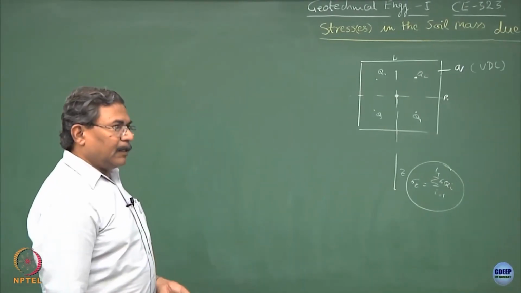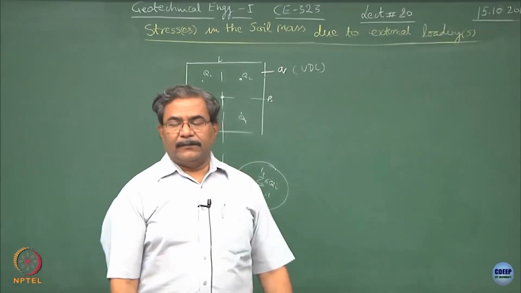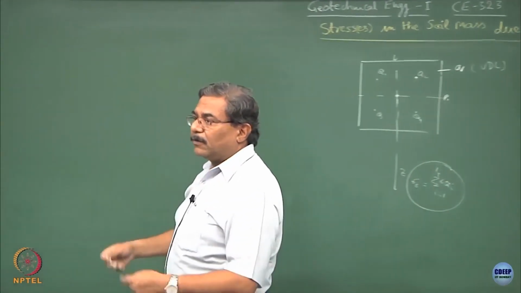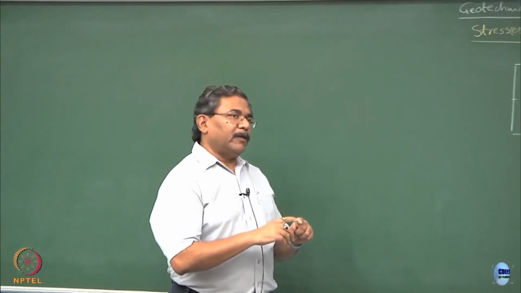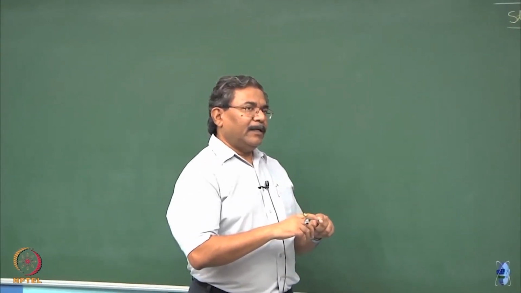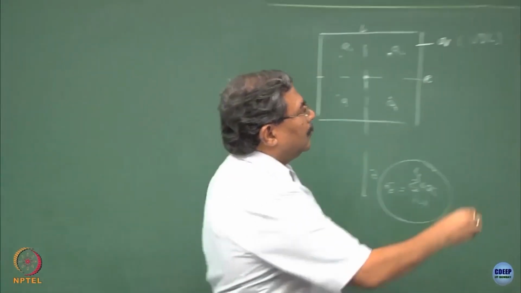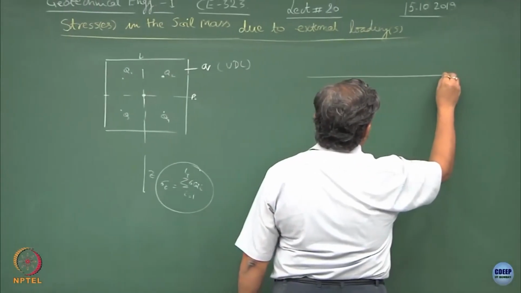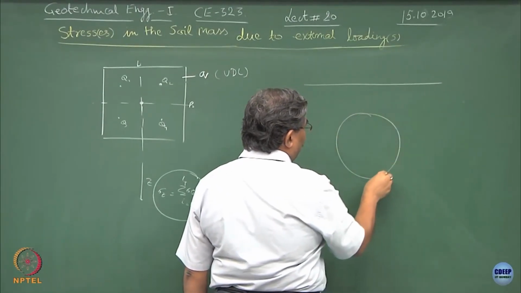Until now we have not discussed anything related to negative loading, is it not? We have been talking about always positive loading. So, negative loading comes in the form of when you create an inclusion. Suppose there is a soil mass, and I remove this much of the soil.